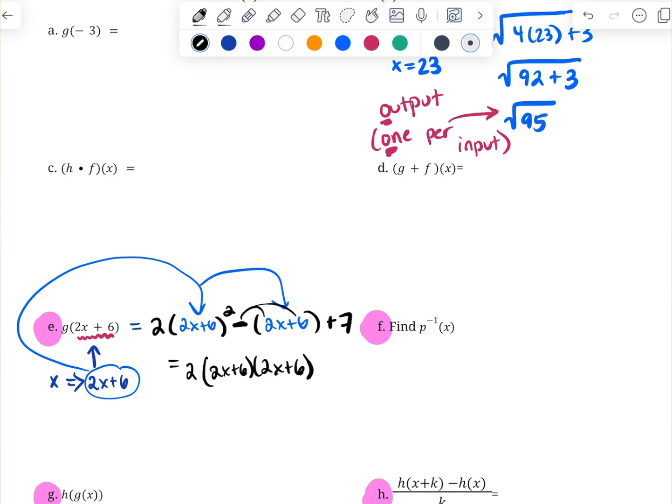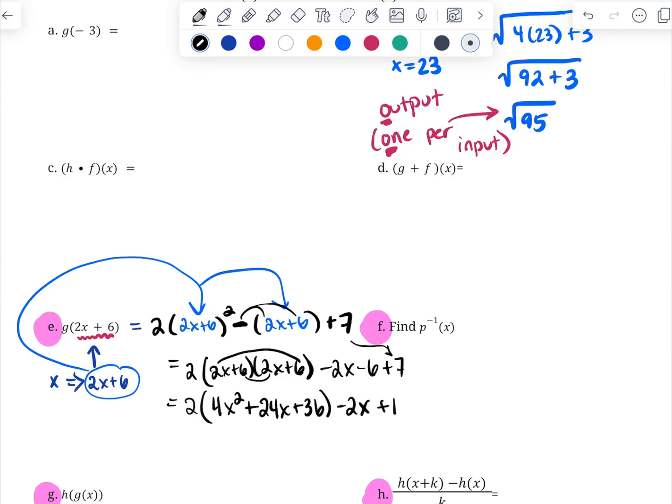We distribute the negative. We carry down the 7, right? We don't lose that. So we've got 2, and then we've got 4x squared plus 12x and 12x, so 24x plus 36 minus 2x plus 1, because I combine some like terms. And then I distribute my 2 three times.